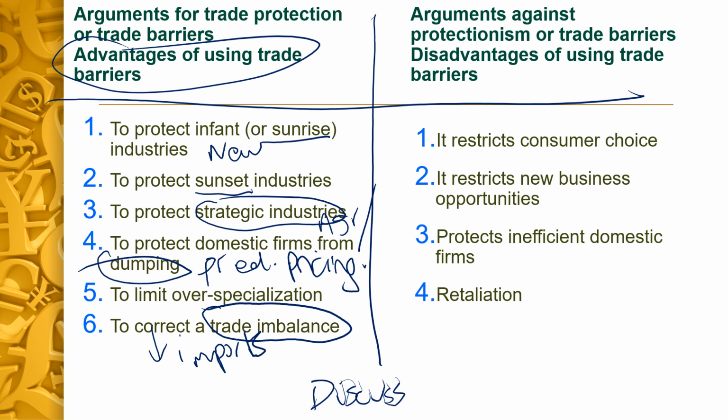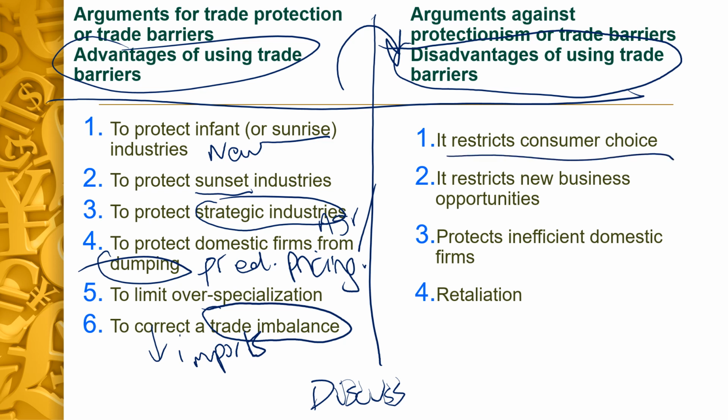Now, let's move on to the "however" part. What are the arguments against protectionism or trade barriers? In other words, what are the disadvantages of using trade barriers? It restricts consumer choice. The second one, it restricts new business opportunities, in terms of revenue and employment opportunities, so it reduces the gains from trade.